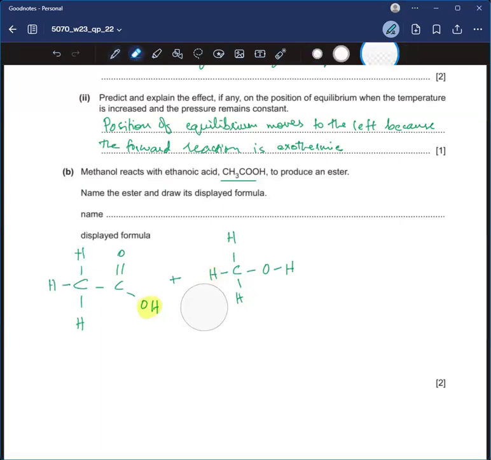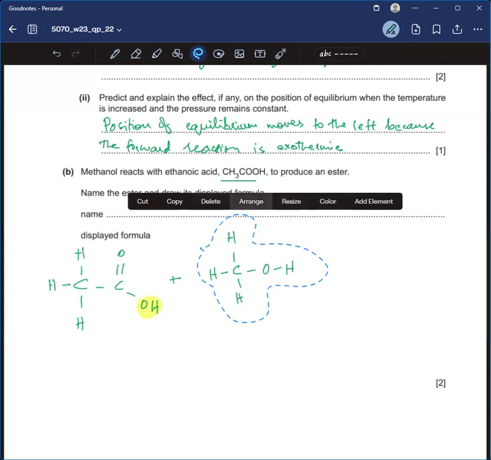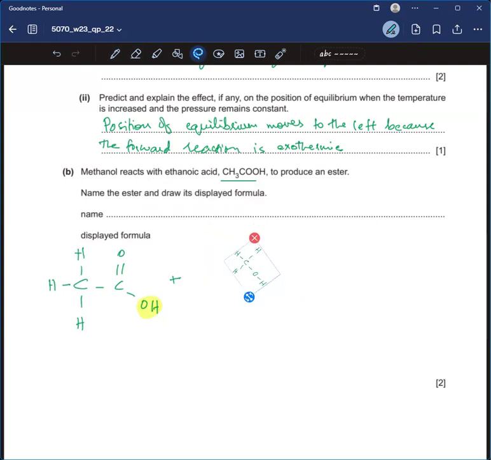It's not shifted, let me draw it again. Okay, so like this. So the product would be CH.